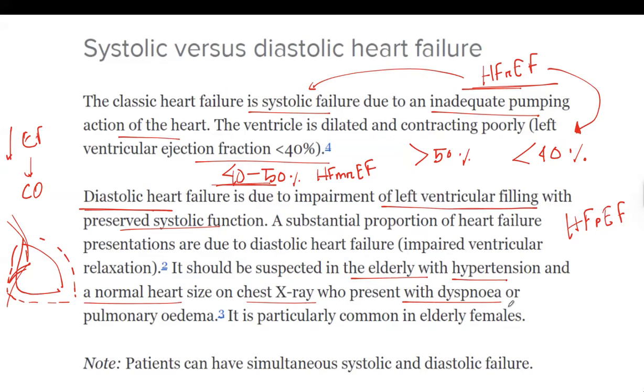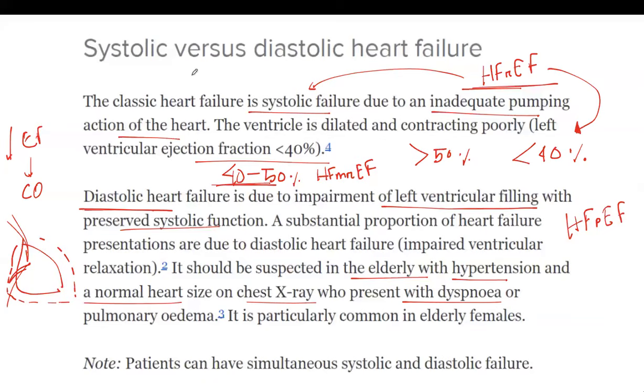So if an elderly patient comes to us with shortness of breath and has hypertension but normal heart size, that is because a patient who has systolic heart failure has a bigger heart, as it starts to become hypertrophied to pump the blood, right?